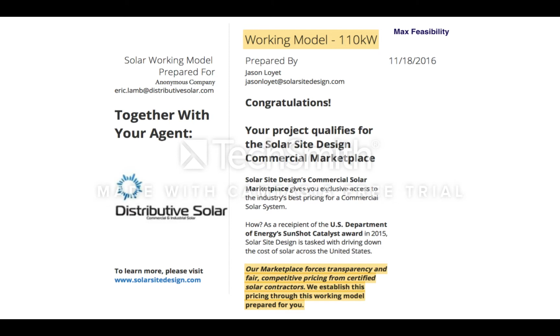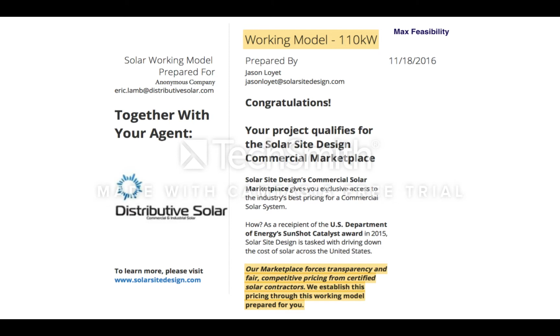As part of this, it's very important to understand what the distributive solar commercial marketplace is. It forces transparency and competitive pricing from certified solar contractors across the country. The way I like to look at it is this is the Uber or Airbnb of solar. We, as solar originators, are bringing a supply of projects to the platform, thousands of them, and on the other end are construction companies looking for projects to construct.